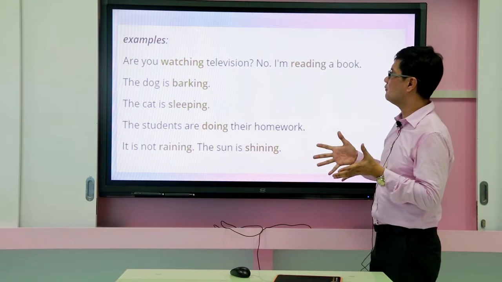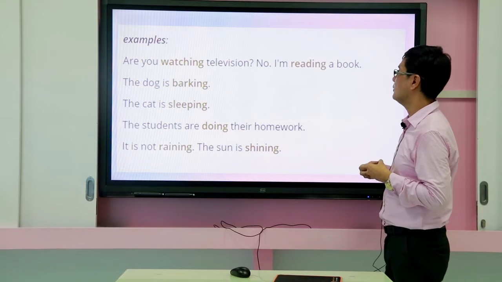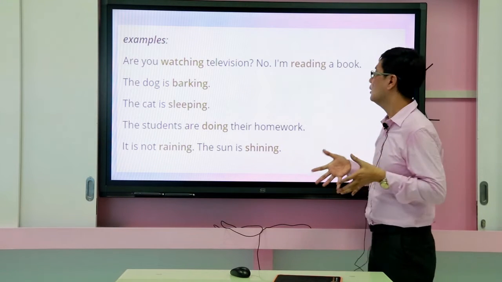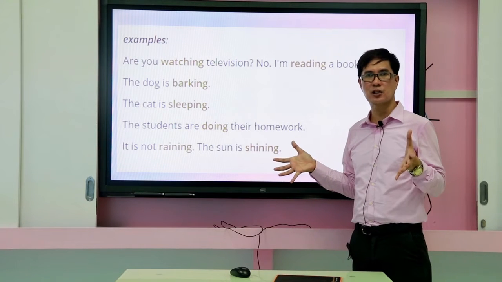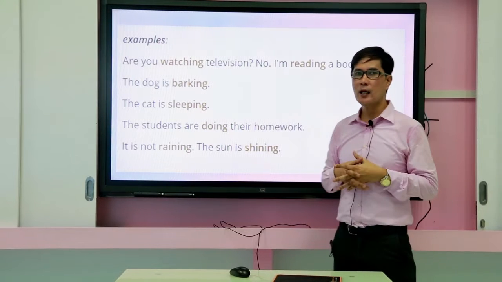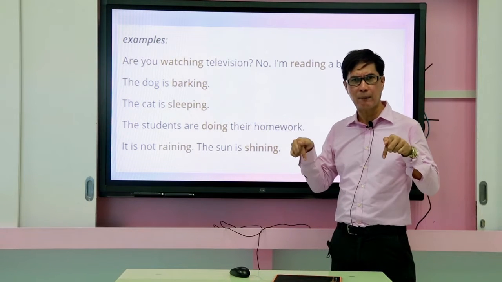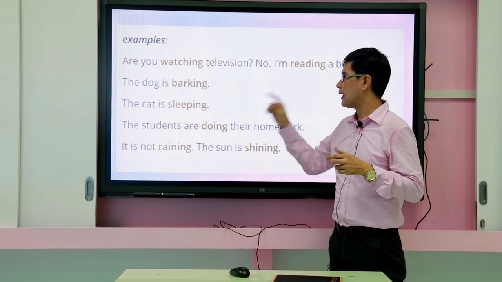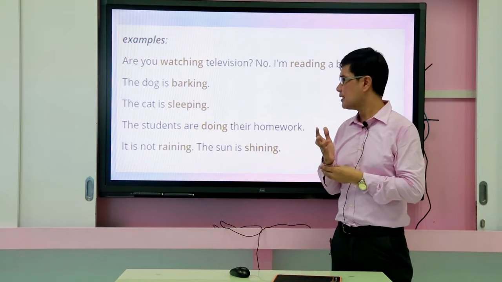Are you watching television? If that is asked to you, how would you answer if it's happening right now? No, I'm reading a book. Meaning you're not actually watching television, but what you're doing right now is reading a book. The dog is barking. Is it happening right now? Yes. The cat is sleeping. The cat is not awake, the cat is sleeping.